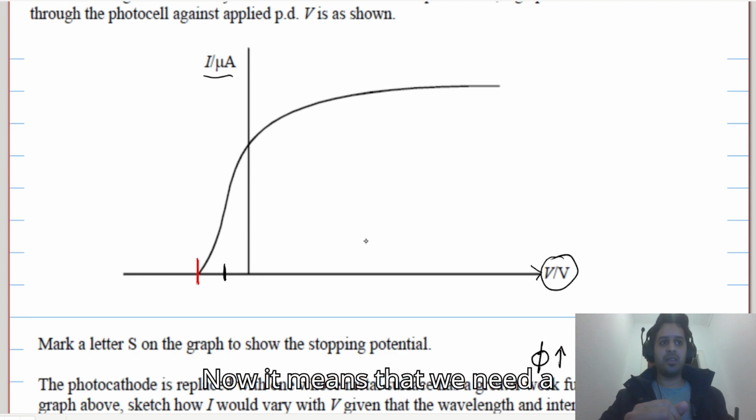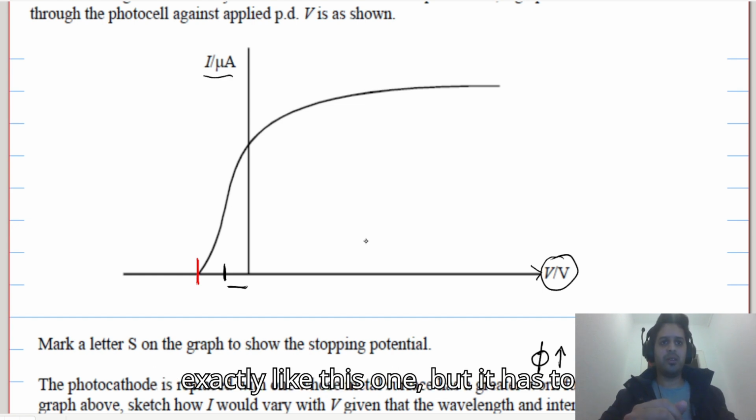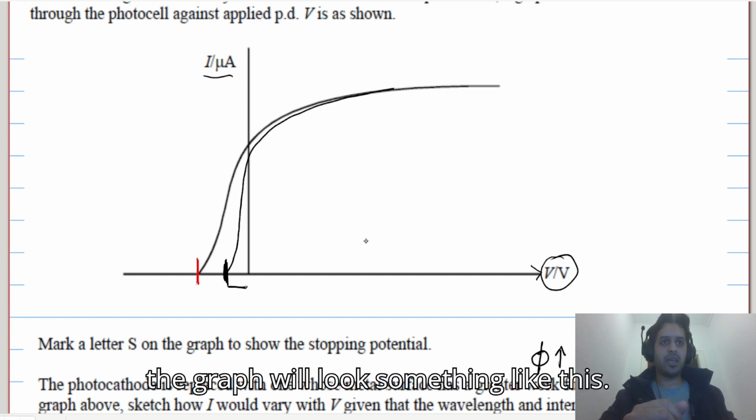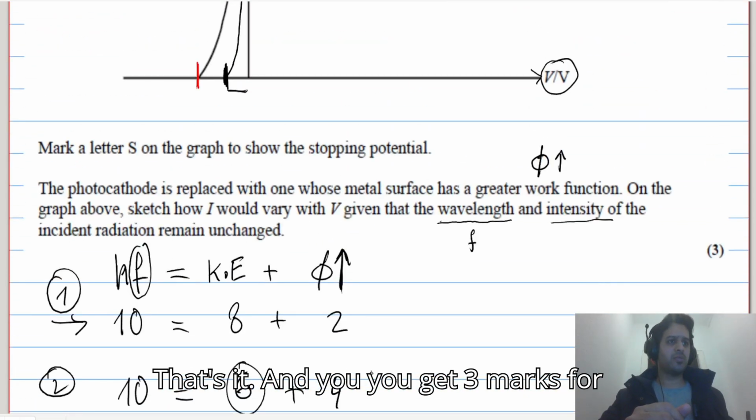Now it means that we need a smaller stopping potential to stop it. So it means that the graph will look exactly like this one, but it has to start with a smaller value of stopping potential. So the graph will look something like this. That's it. And you get 3 marks for this question.